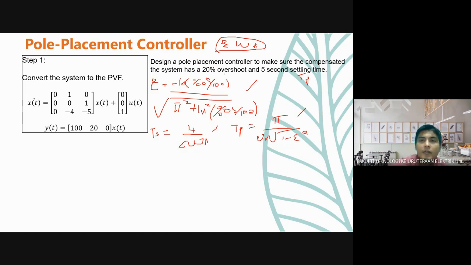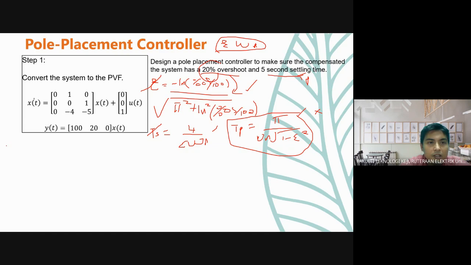Now we have the information of the percentage overshoot and settling time. So we just need to use this formula and the settling time formula. We do not need to use this one for this question. So just plug in all the information into these formulas.